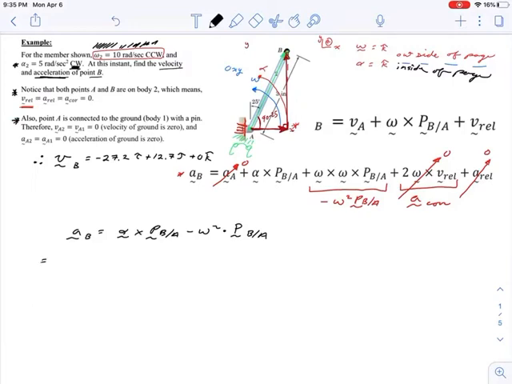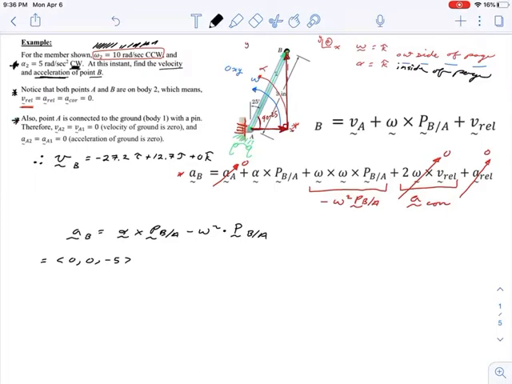And if we find the angular acceleration, which is 5 radians per second squared clockwise, since it's clockwise, that's going to be a negative value.